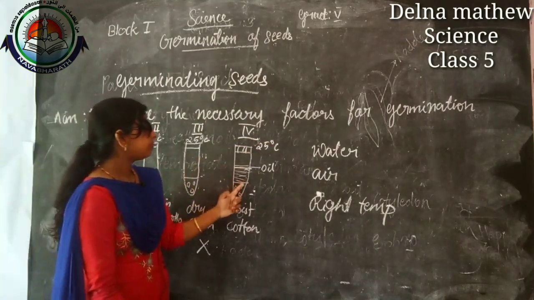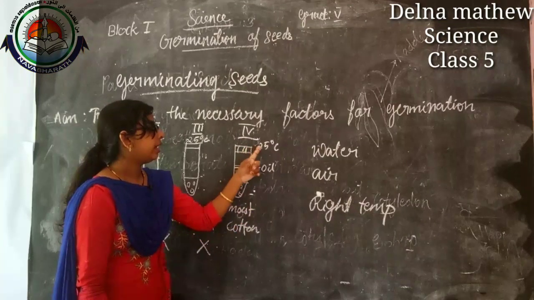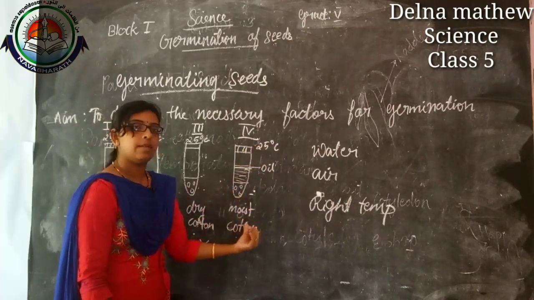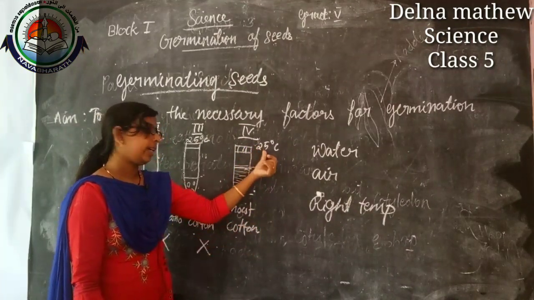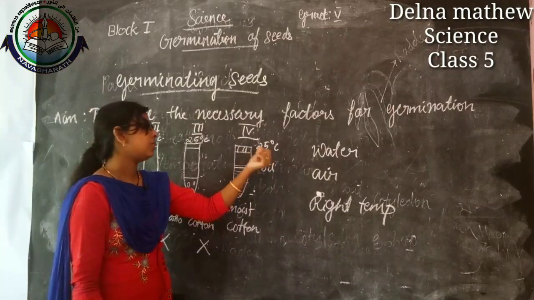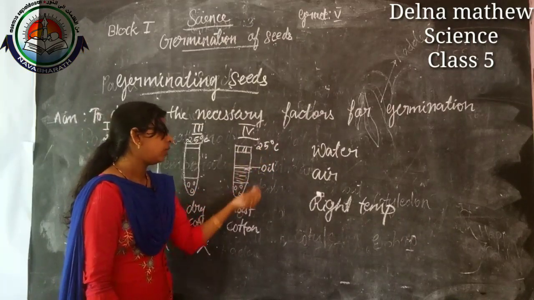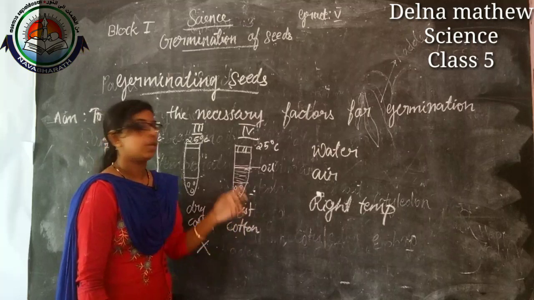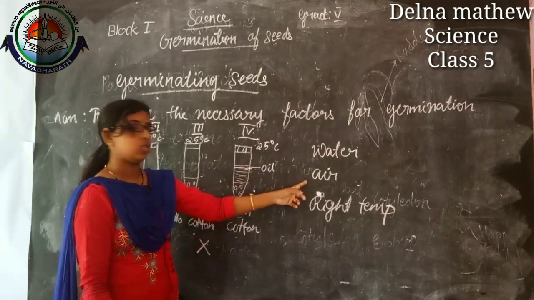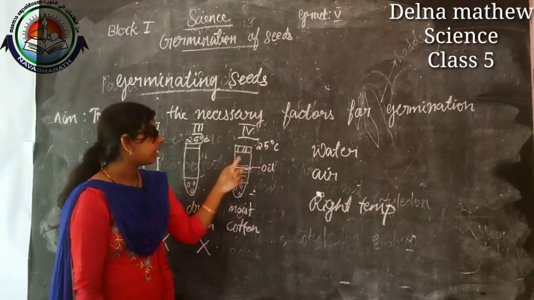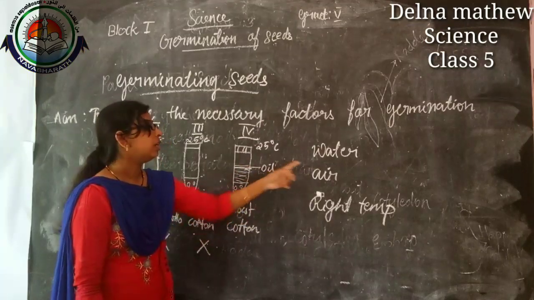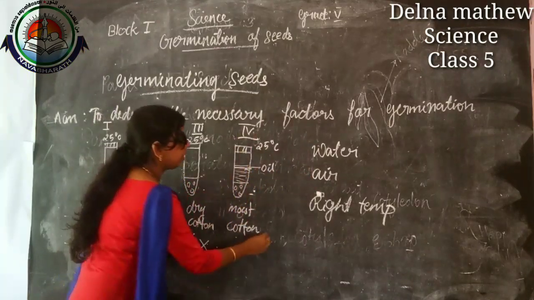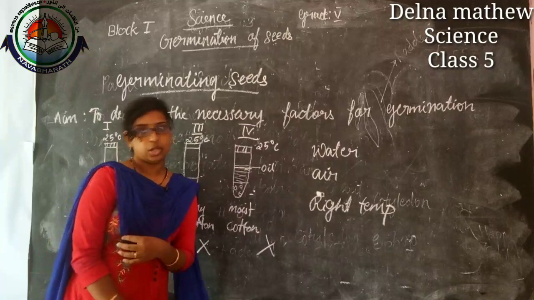And here, we kept the seed in moist cotton, providing the temperature 25 degrees Celsius, and we add boiled water and oil also. Because of the lack of oxygen, air can't reach up to here. So here also the seed can't germinate.